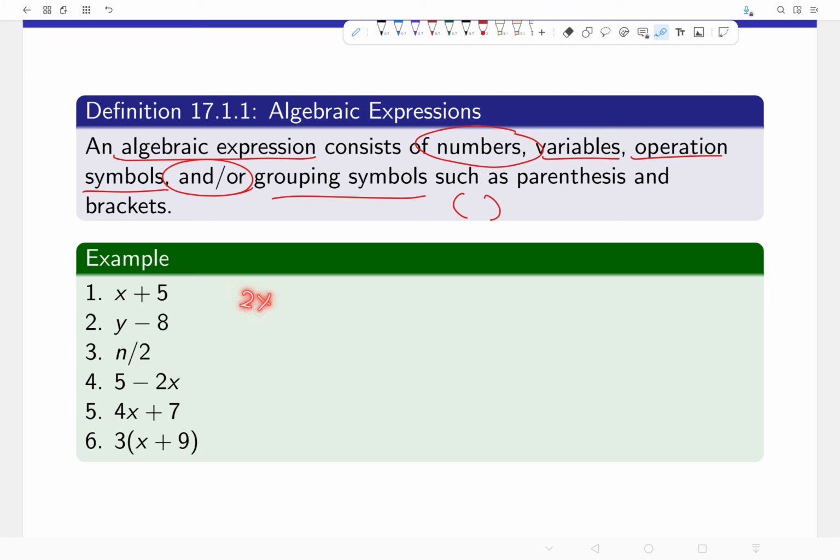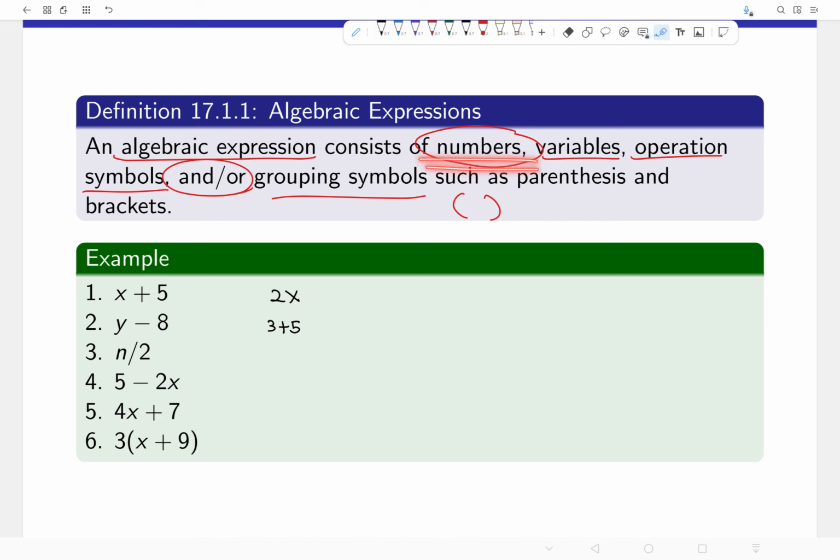2x, for example, is another example of an algebraic expression. Because this one consists of a variable and a number, and we have an operation here which is multiplication. So 2x is still considered an algebraic expression. Even, let's say, 3 plus 5. 3 plus 5 is an expression because it consists of numbers.